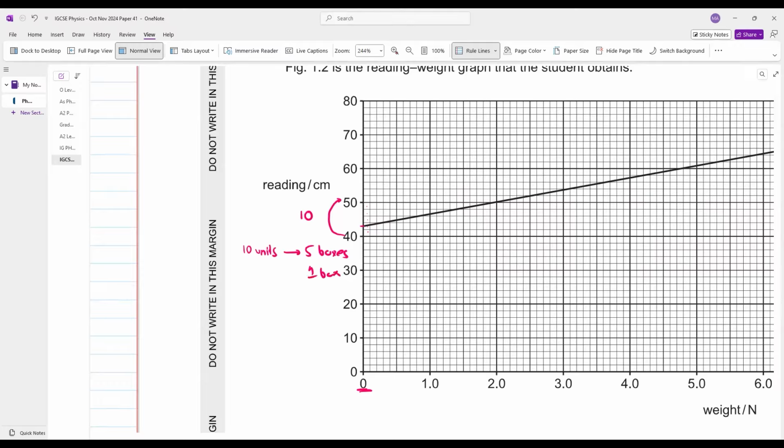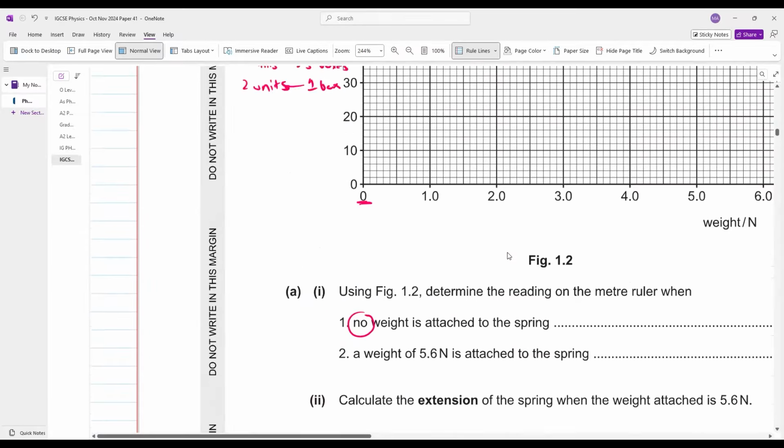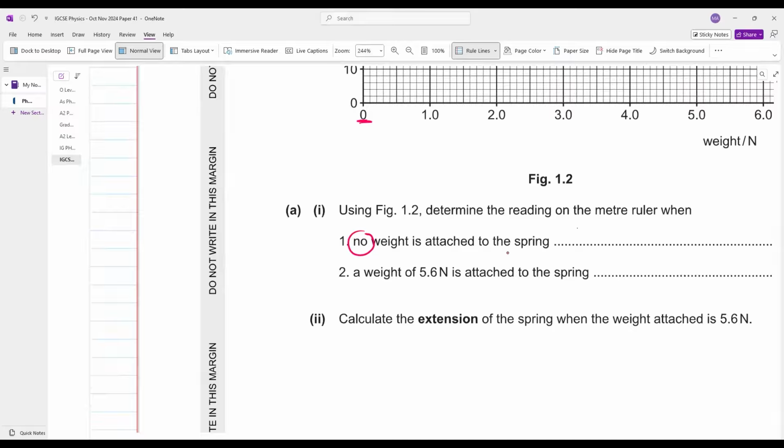One box is equal to how many units? 2 units. This will be 43, because that is 2 units and then half a box. At no weight, your reading is 43 centimeters.